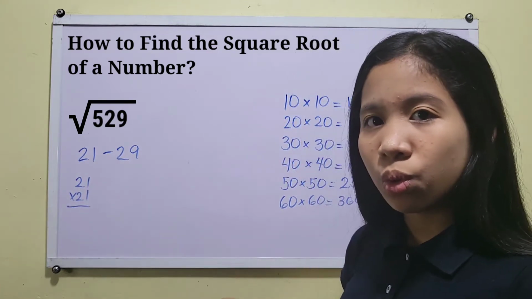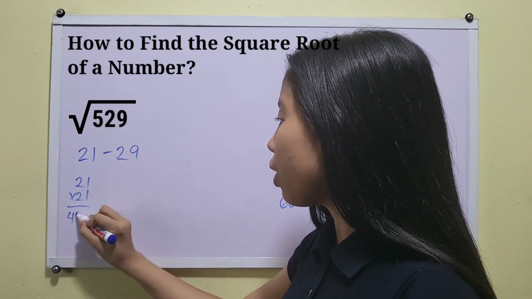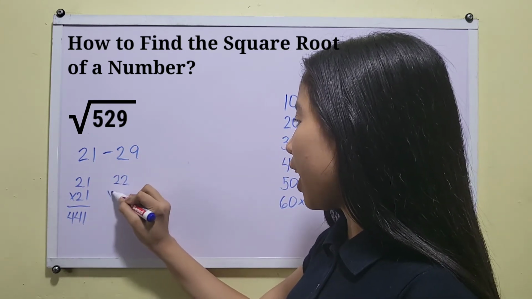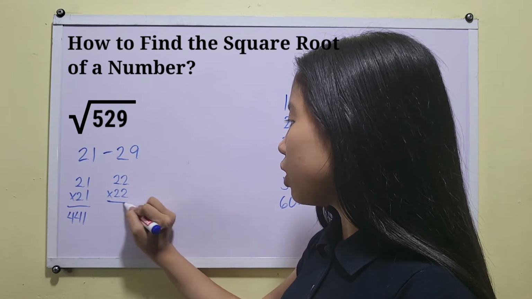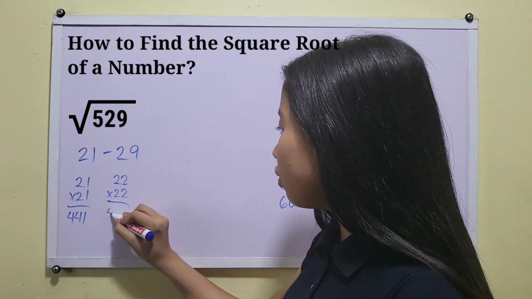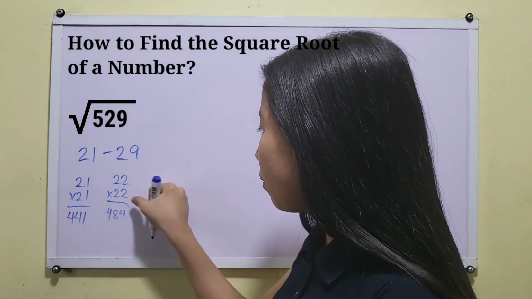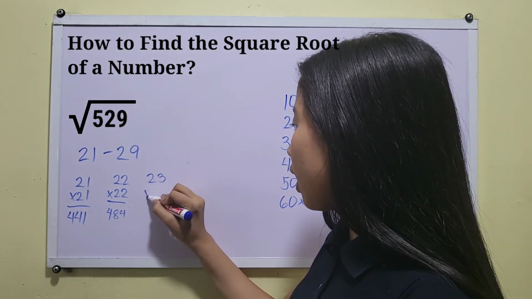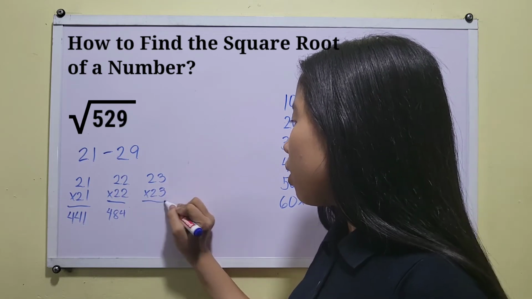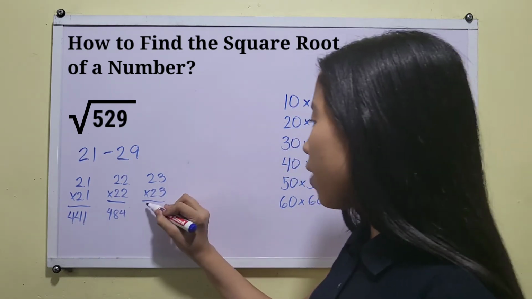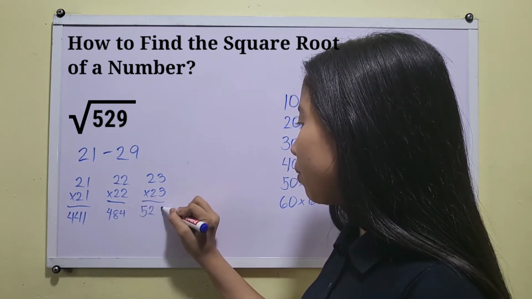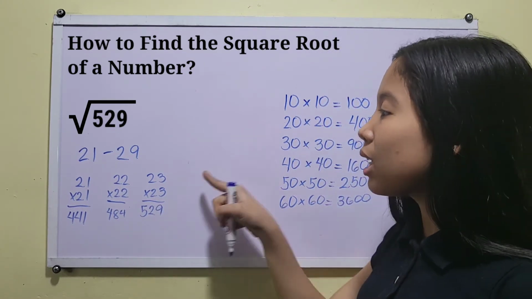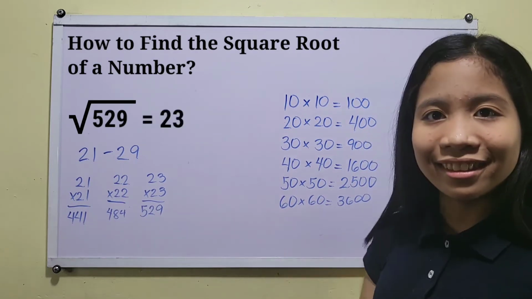That is equal to 441. Next, we have 22 times 22, which is equal to 484. Next, we have 23 times 23, which is equal to 529. So the square root of our number 529 is 23.